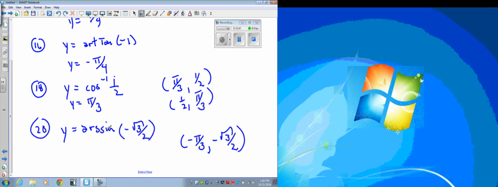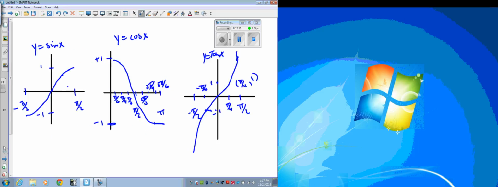So the arc sine gives me this, minus square root of 3 over 2, and asks me for this. y equals negative pi over 3. Because our sine inverse is only defined between pi over 2 and minus pi over 2. No place outside of that.